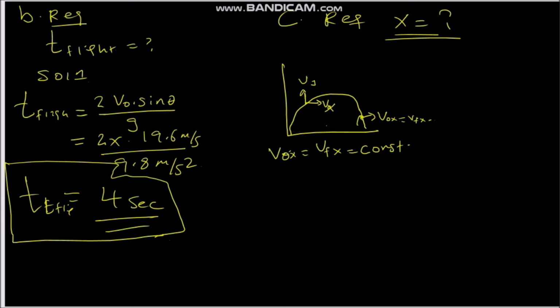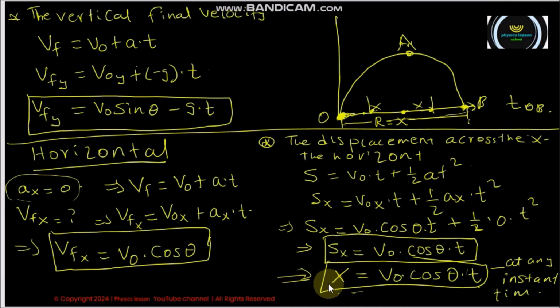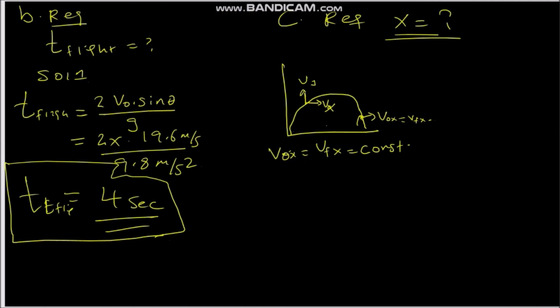Due to this reason, look at this equation that we already derived: at any instant of time, the value of x, how far, is v naught cos theta times t.